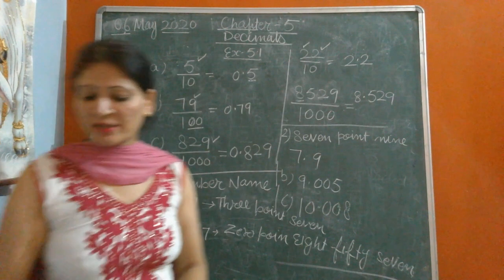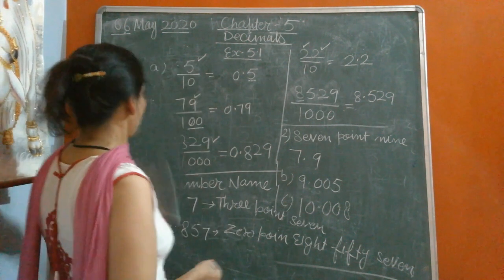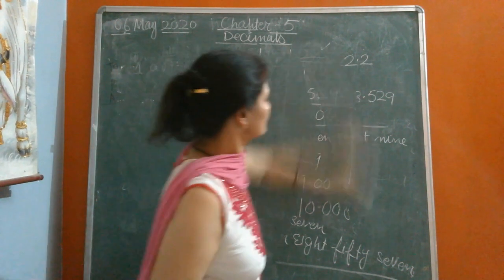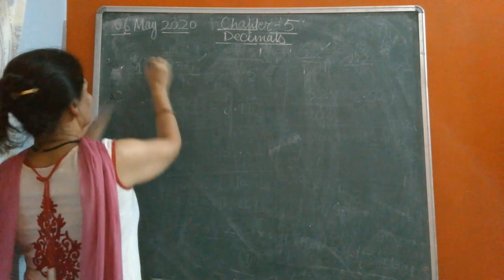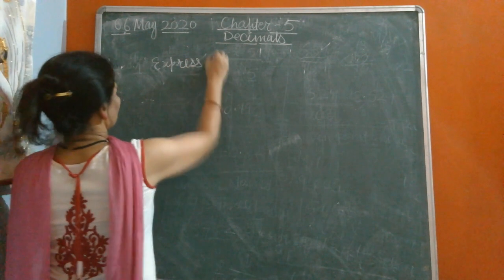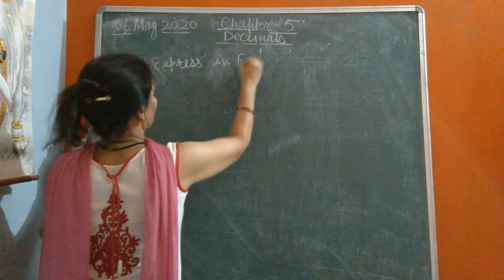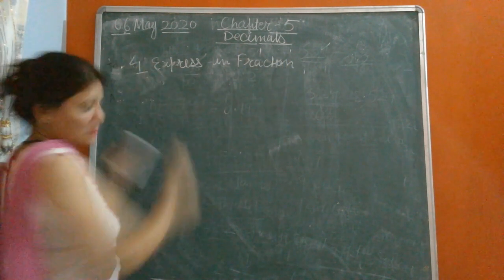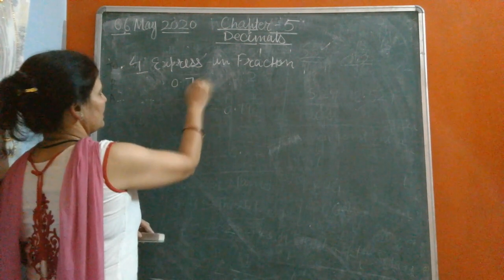Now, express the following as a fraction. Question 4 is to express the following as a fraction. 0.7.